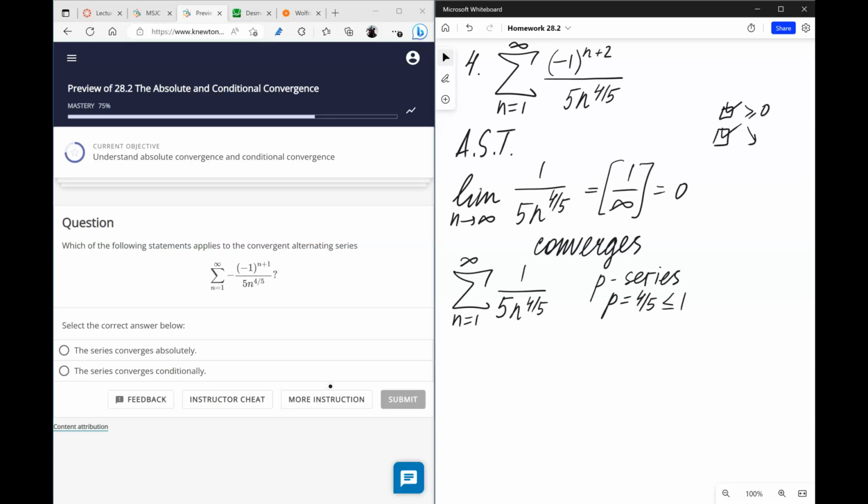Right, which means that it diverges. And because it diverges, the original alternating series converges conditionally.